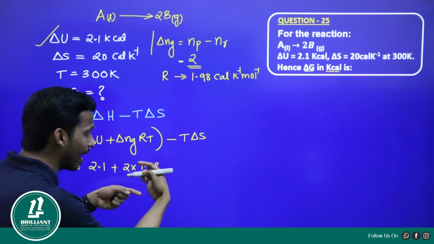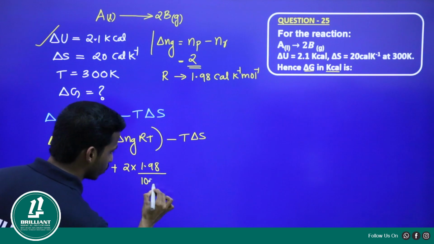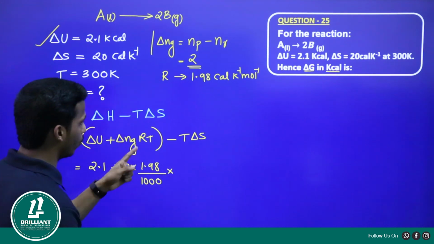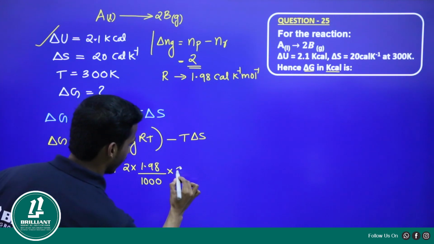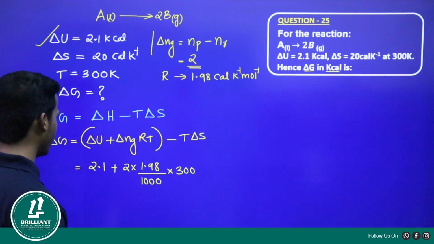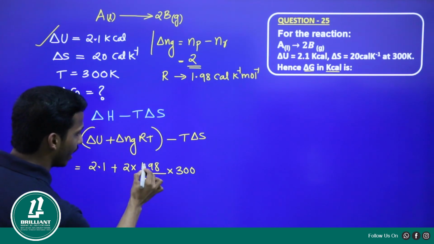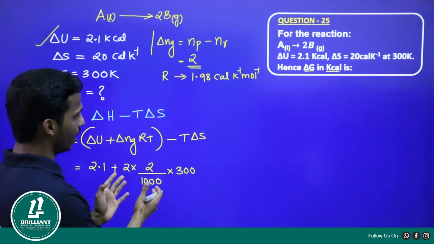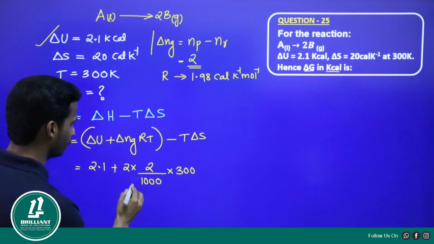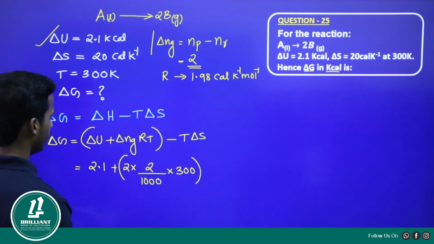How can you convert calories into kilocalories? By dividing by 1000. Into the temperature, which is around 300, right? No problem here, you can take 1.98 as almost 2 by rounding.